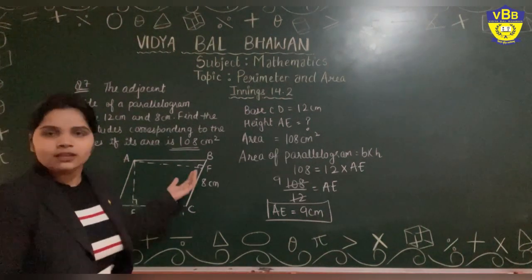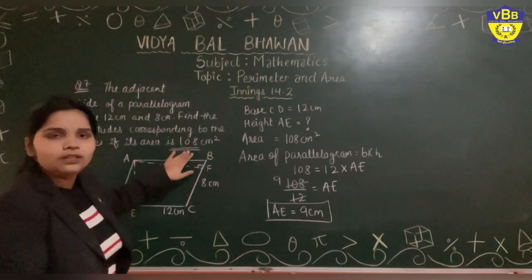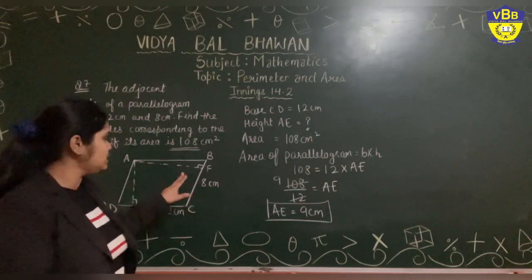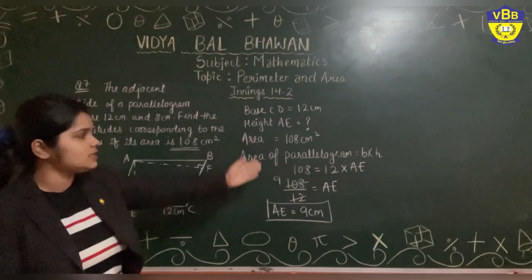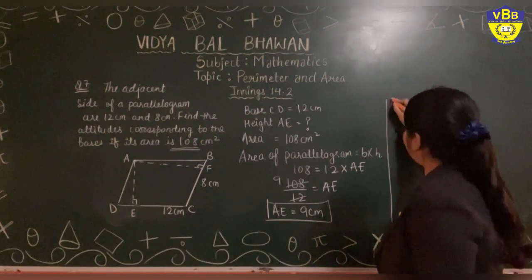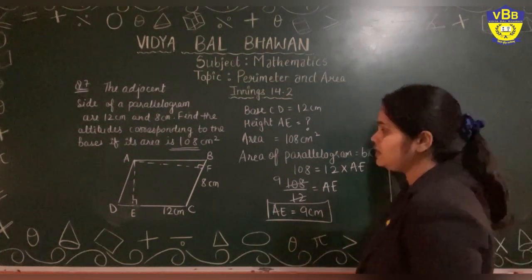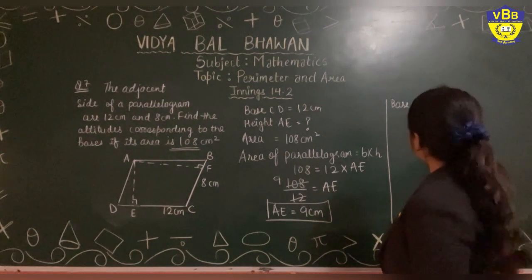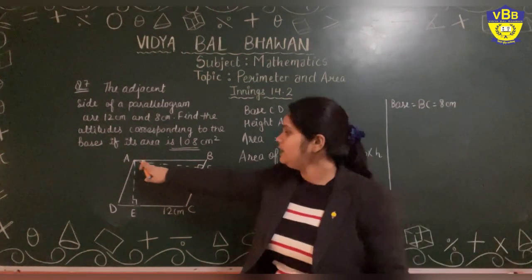Now the area, again the same process. Area we know, that is 108 centimeter square. Base we know, that is 8 centimeter. Height we need to calculate with the same process. For the second pair, base is BC, that is equal to 8 centimeter. Height is AF.